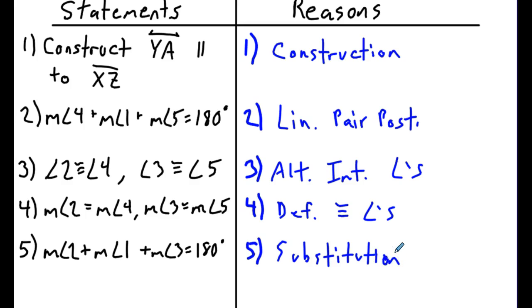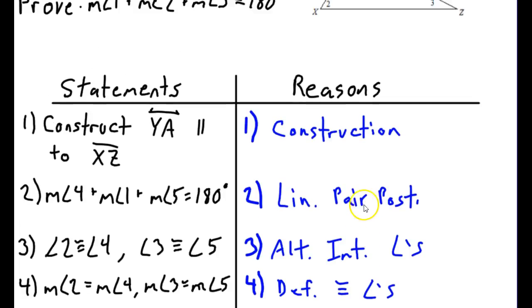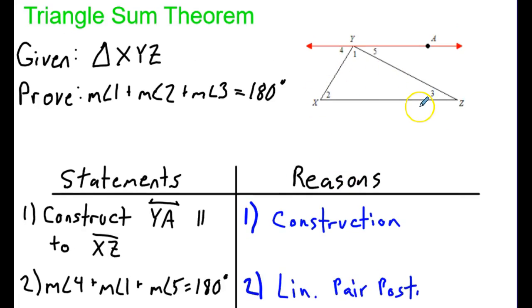The substitution property of equality: if you have two equal values, you can substitute one of those values in for the other. So now we have shown why the three interior angles of a triangle always have a sum of 180 degrees.